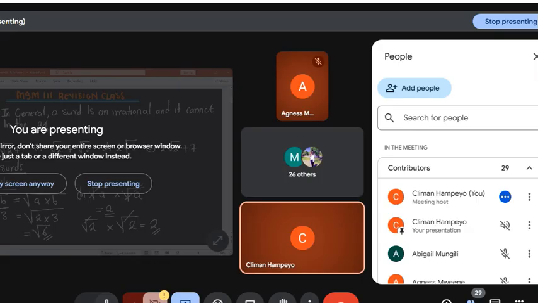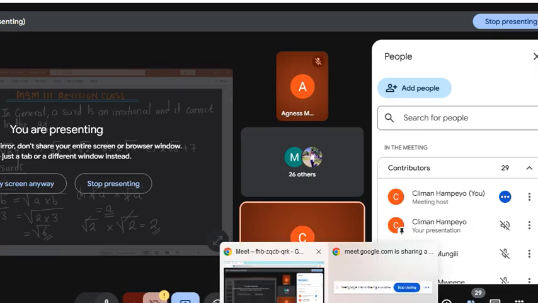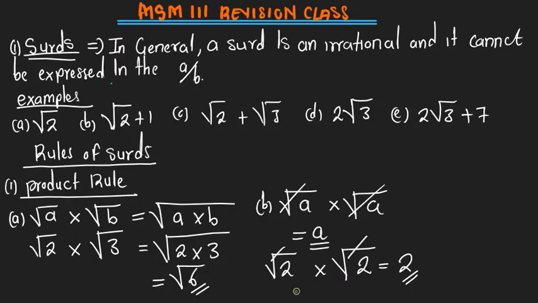So, having done that one, let's try to do another rule. The second rule is going to be called the sum rule.